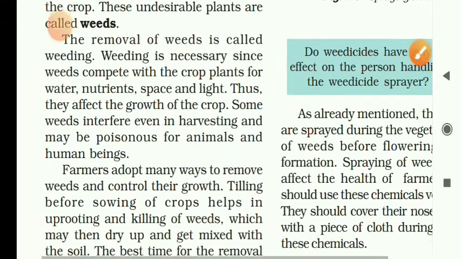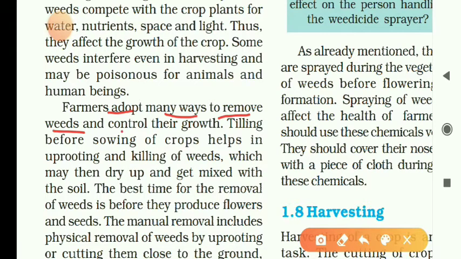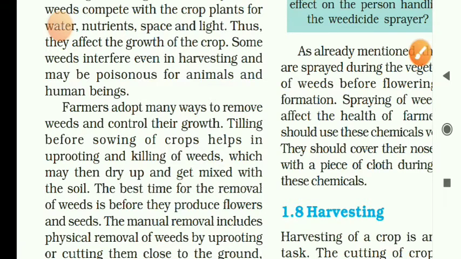Farmers adopt many ways to remove weeds. Farmers are choosing the ways to remove the weeds and control their growth also. See, what are the methods farmers use for weeding? So the first one is tilling.